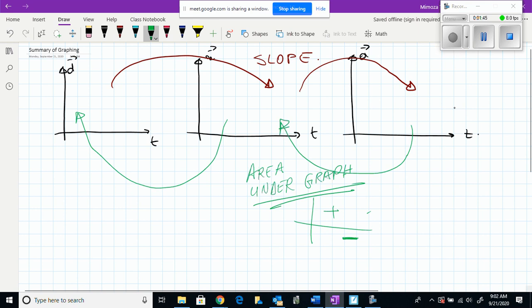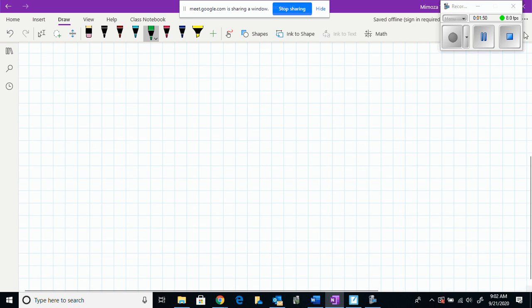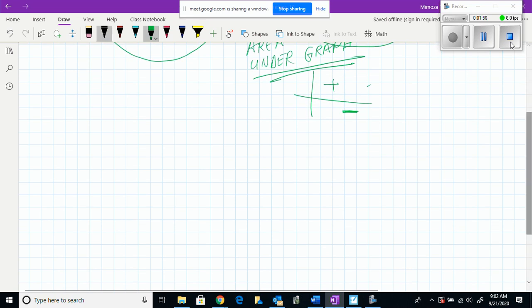Now let's see some cases in which we discuss what is happening with the velocity time graph and displacement time graph and so on.